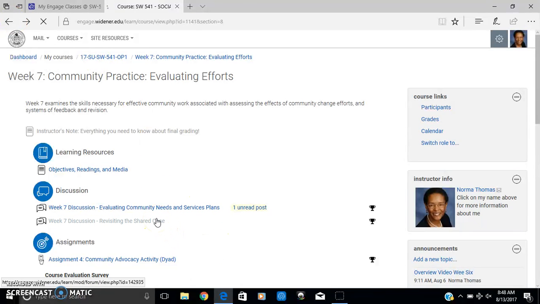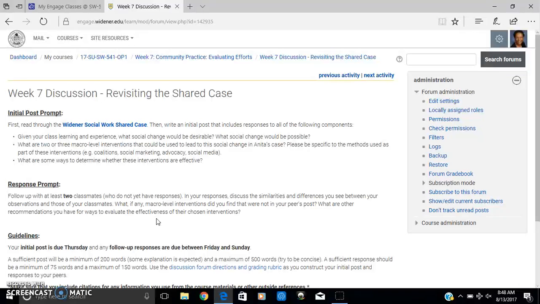The second discussion post is on revisiting the shared case. So if you remember the case of Anita, this is in response to that case again. If you don't remember that case, go back through the Widener Social Work shared case, and then write an initial post that includes the following.